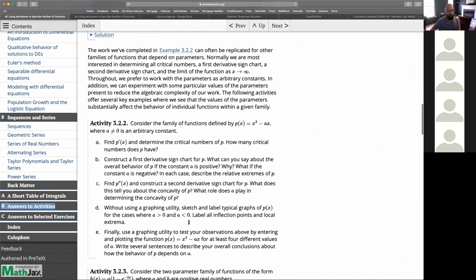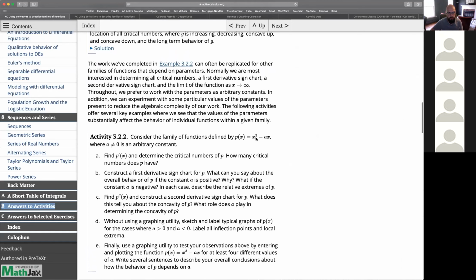Okay, so what I want to do now is let's go over to our book. As we see here, this is activity 3.2.2. It's a similar one to what we just did, except I'm going to give you a new function, x cubed minus ax. So similar polynomial, not a quadratic anymore, but a cubic. And we want to walk through the same behavior. We want to find the critical numbers, do the sign charts, take the second derivative, find the inflection points, and then study the behavior, just like I did on the chalkboard.